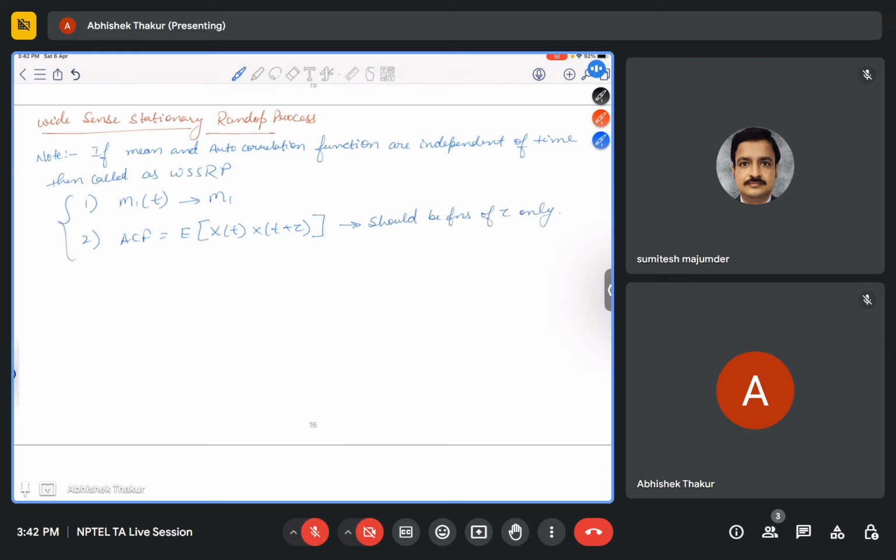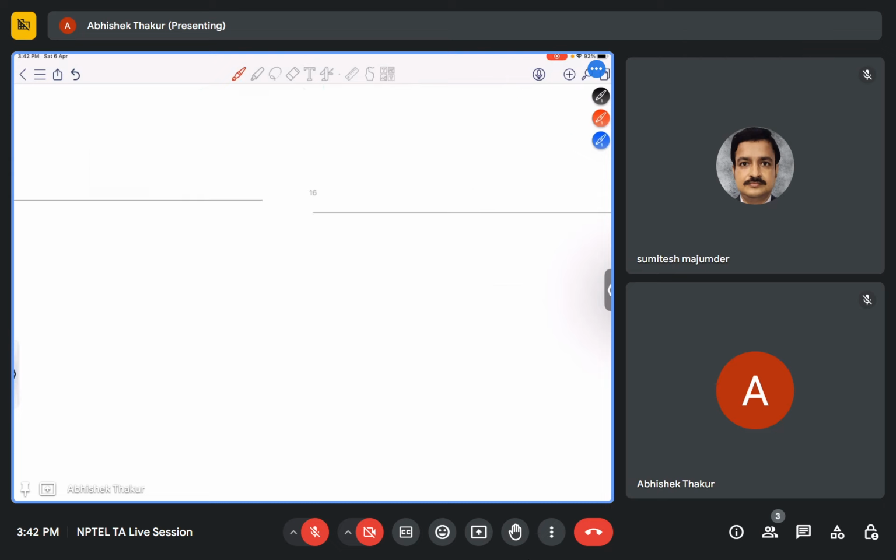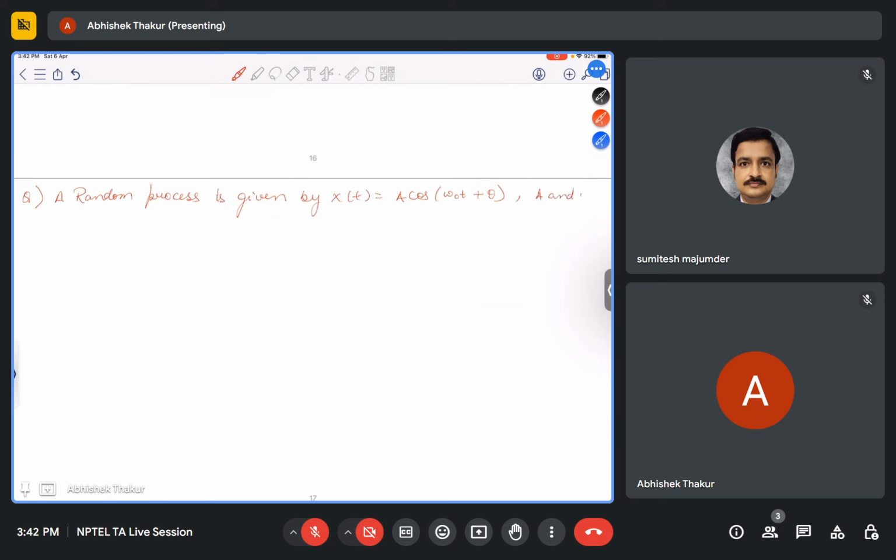So now let's take a question. A random process is given by x(t) equal to A cos(omega naught t plus theta). A and omega naught are constants.